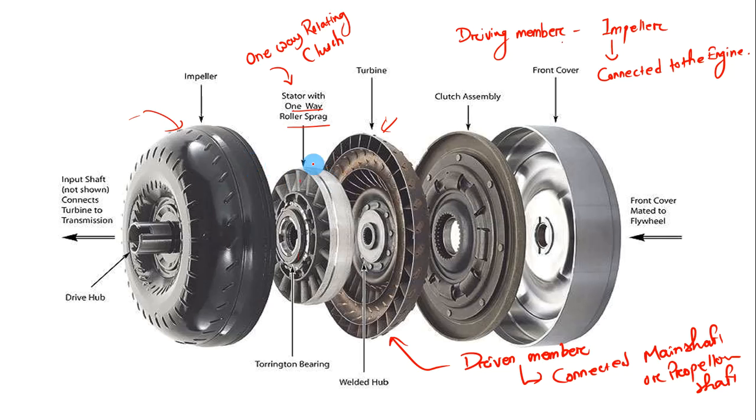Okay, so this is the main part which is actually responsible to obtain the change in torque between the input and output shaft. If we omit this part and just join the turbine and impeller, then it will become a fluid coupling. But this stator is the only part that makes it possible to obtain the change in torque.